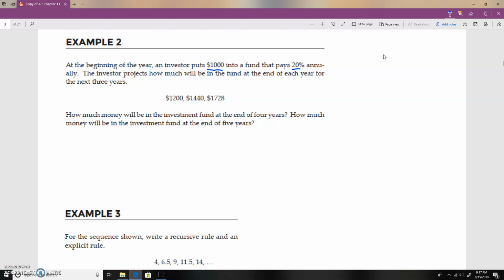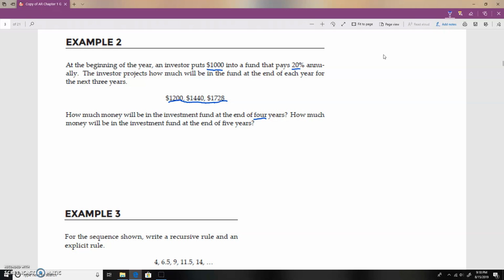So, at the end of the first year, he has $1,200. The second year, $1,440. And the third year, $1,728. We want to know how much money he will have at the end of 4 years.